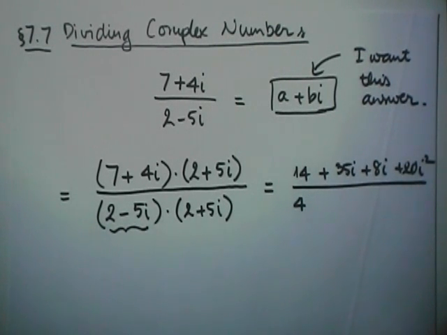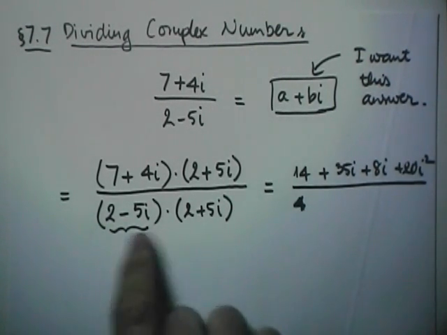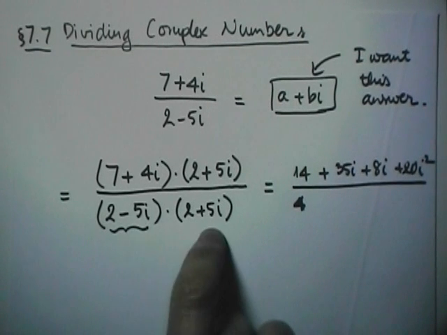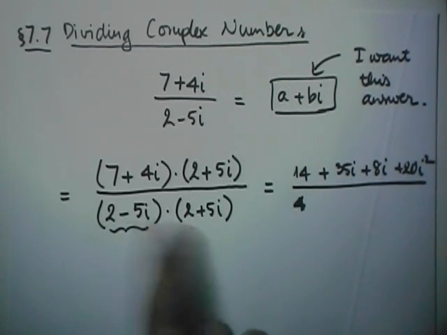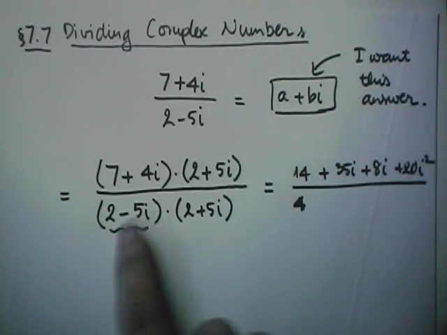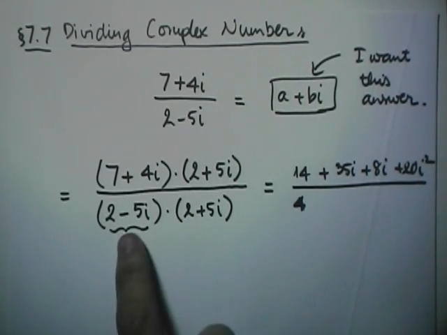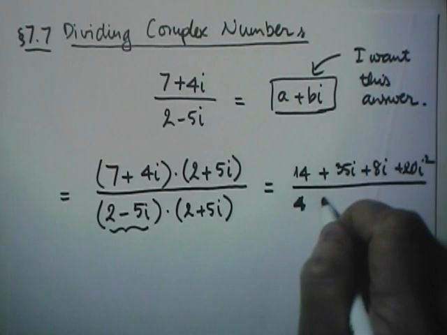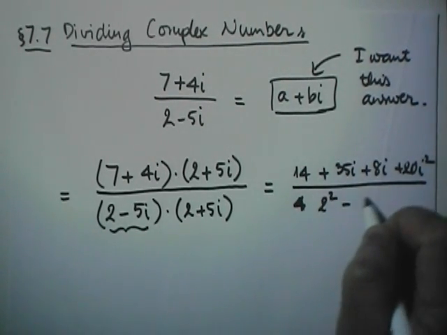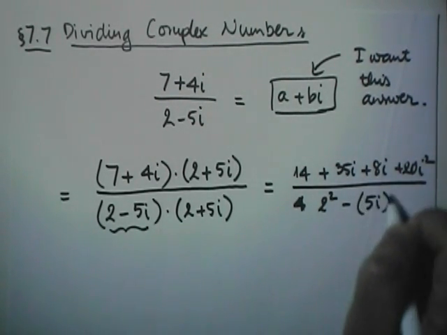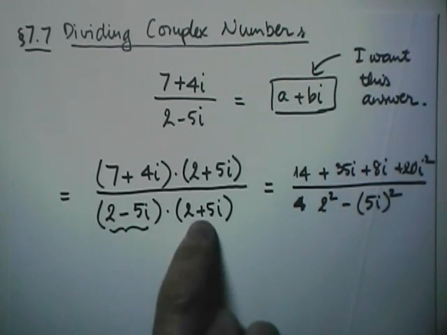Remember, the relationship between these two factors at the bottom is that when you multiply them out, they give the difference of squares. So what I have is 2 squared minus 5i all squared, because identity number 3 can be used here.